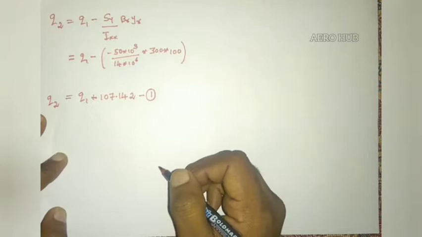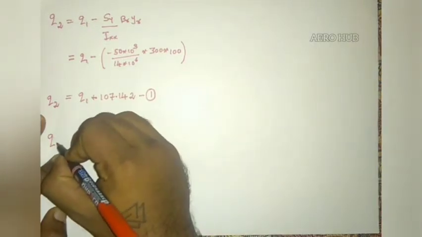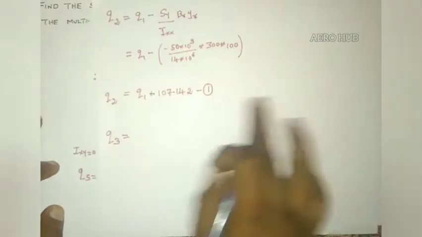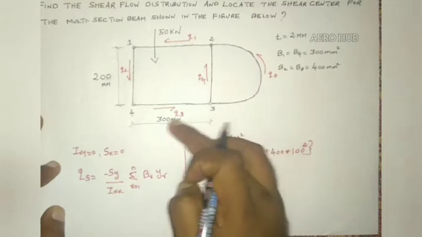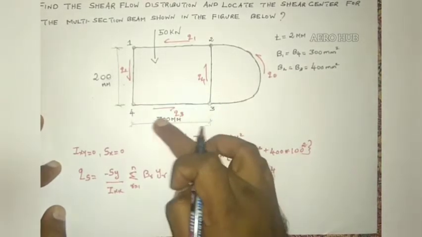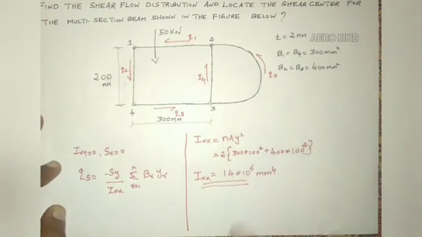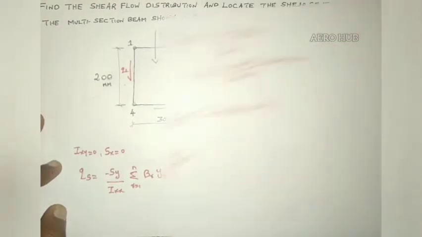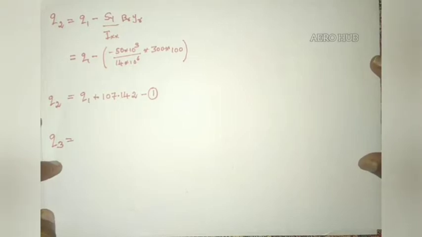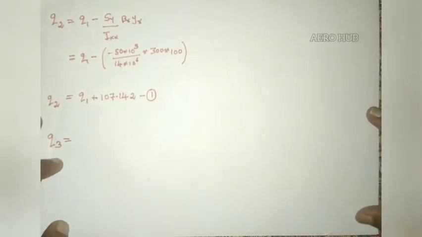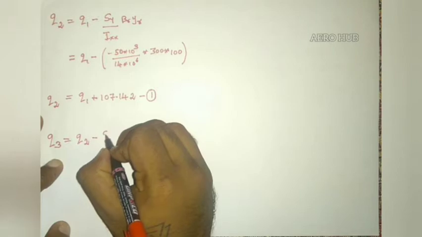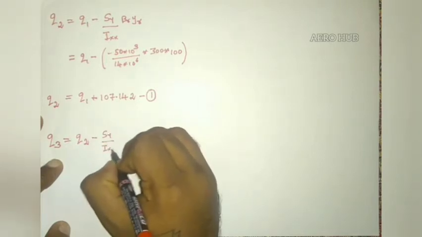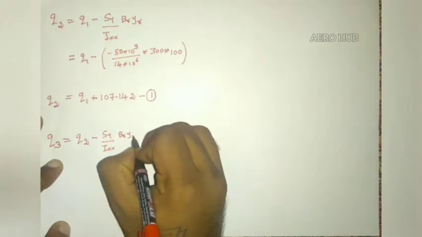Okay, similarly we have to find out the value of Q3. Q3 is for the shear flow of the portion 4-3. Q3 will be equal to Q2 plus, we have to use the equation again. Q3 is equal to Q2 minus Sy by Ixx Br Yr.